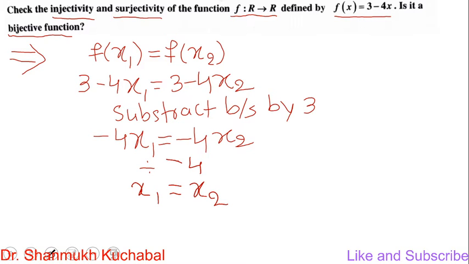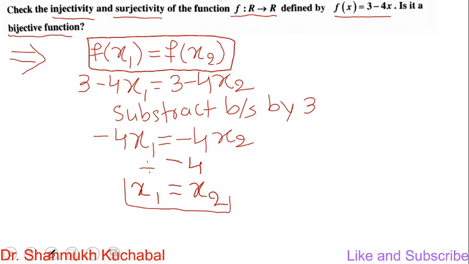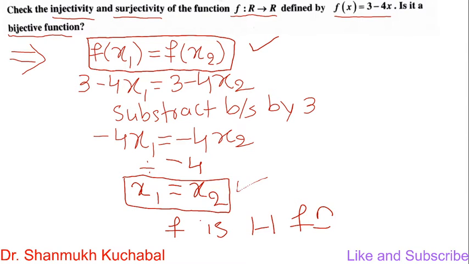Dear students, look here: we started from f(x1) = f(x2) and we got x1 = x2. Therefore it is an injective function, or else we can write f is a 1-1 function. If we get an equal to sign here also, then it is a 1-1 function.